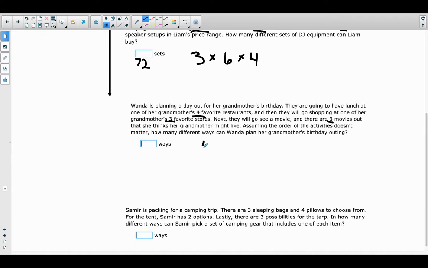Well, 4 restaurants times 3 stores times 3 different movies for a total of 3 times 3 is 9 times 4 is 36 different outings they could pick between.